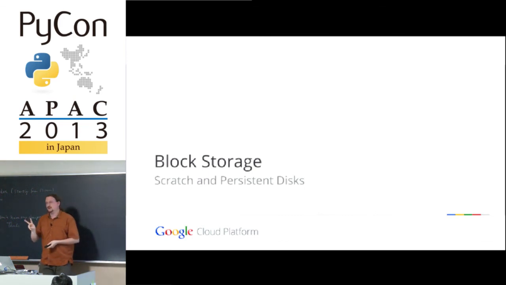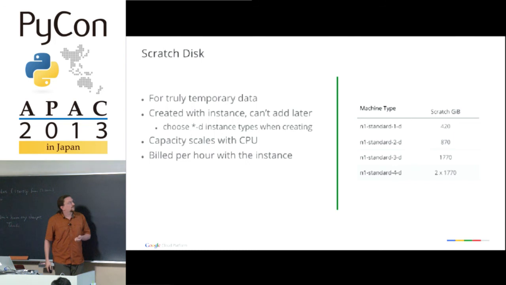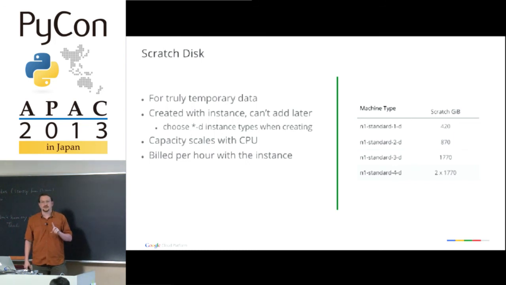But there are 2 kinds of storage we have in Google Cloud that are only on Compute Engine. They're both Linux block devices, so they show up to the machine as a block device underneath the file system. The first is Scratch disk, and you can think of this as local storage. You enable it by choosing a machine type that has -D on it, and it will be just slightly more expensive.